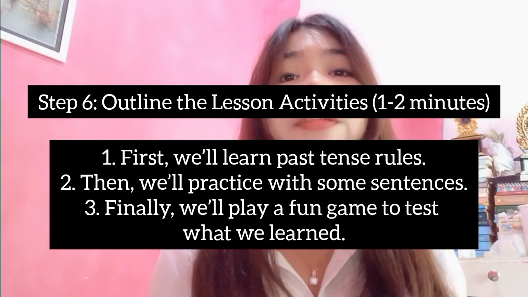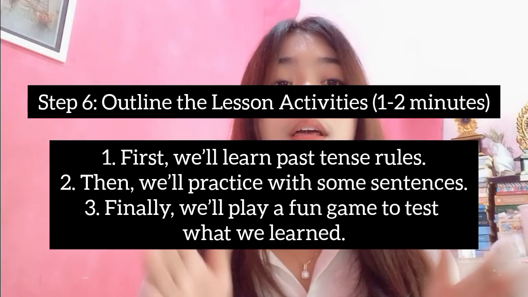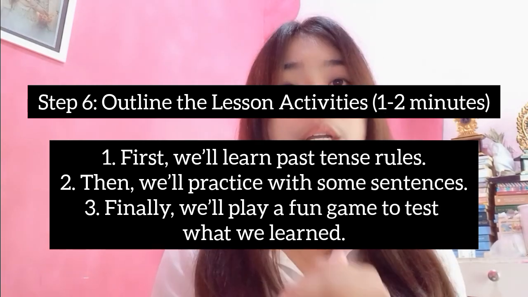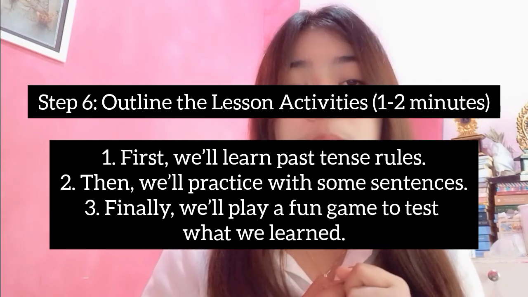For the last step, step number 6 in the opening, is outlining the lesson activities within 1 to 2 minutes. For example, students, first we will learn about past tense rules. What are the rules of simple past tense?